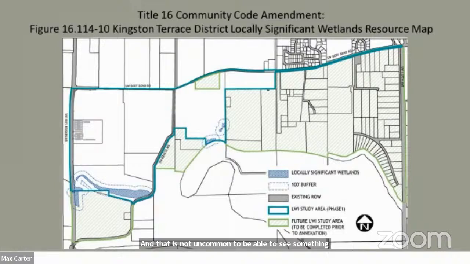I do have photographs I'd like to share with you of all the erosion and runoff that's been going on for a number of years, if you're interested in seeing that. It is quite impressive. And those are my questions. Hopefully I can get answers to them.